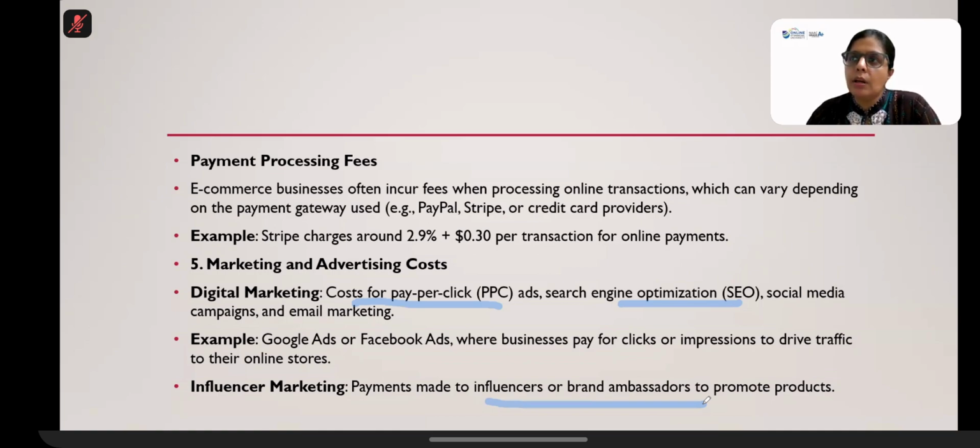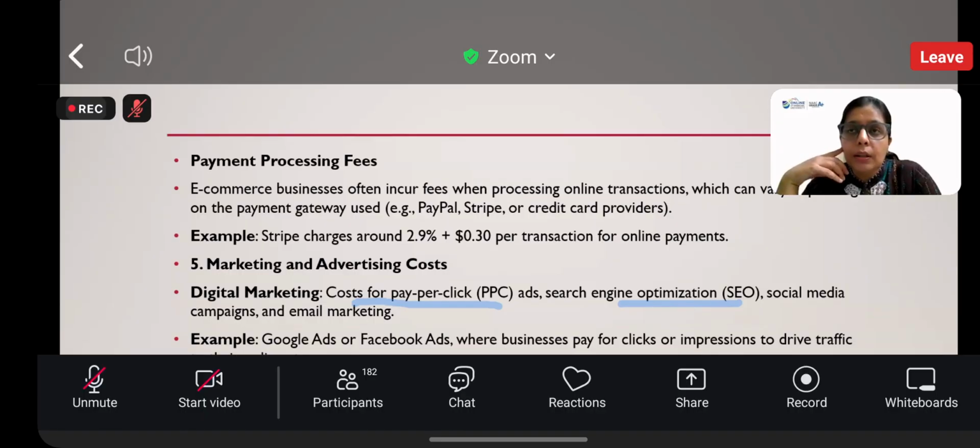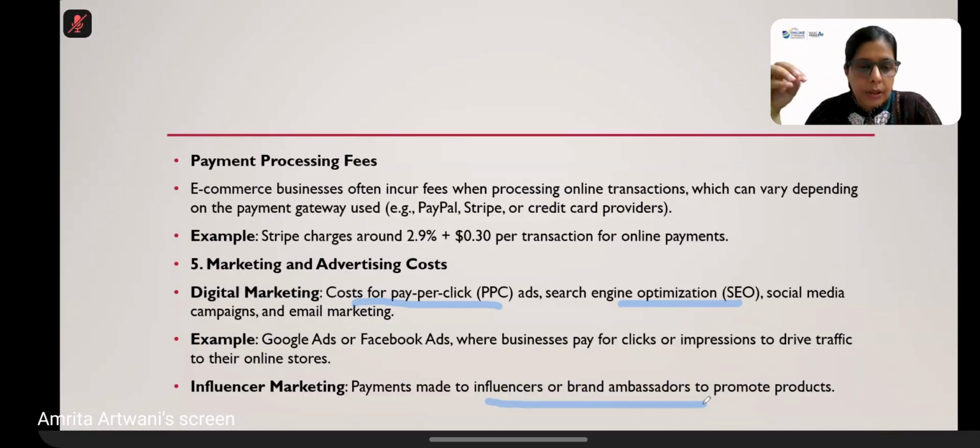Similarly, if someone is into cooking videos, cooking tutorials, and you hire these influencers to promote your spices or your kitchen equipment on their page, this comes under social media marketing and influencer marketing. So these influencers now become your brand ambassadors. They are promoting your brand on their pages. Okay.